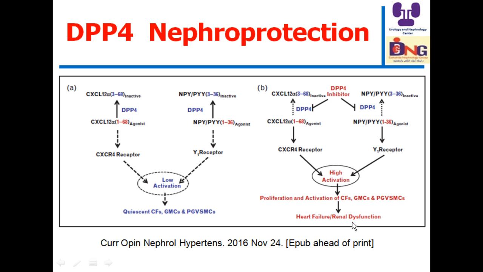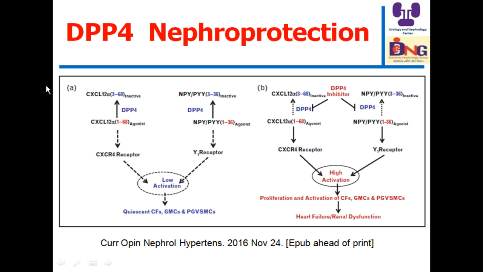But if we are dealing with persons with low activation, low concentration of the full length of chemokines and neuropeptide Y, using DPP4 inhibitors will keep incretin high. This means that incretin here will outweigh the risk of chemokine and neuropeptide Y. So if we measure chemokine and neuropeptide Y and know that the level is low, at this point DPP4 inhibitors are friends.